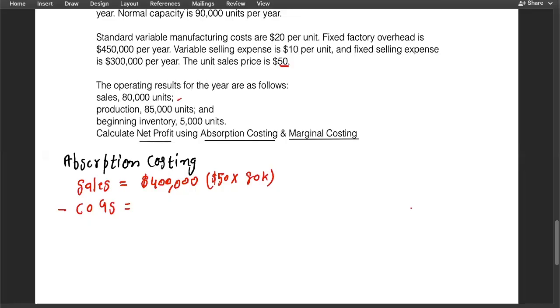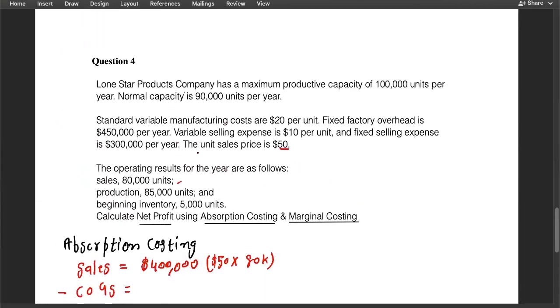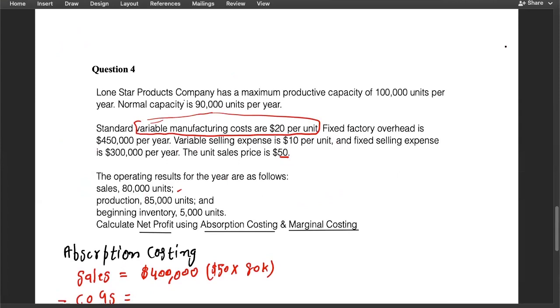So how did you calculate cost of goods sold? Yes. You can see manufacturing cost. In your question, you have information about variable manufacturing cost, which is very clear, which is 20. And you have a fixed manufacturing cost, which is 450 for 1 year. And you can see your normal capacity is 90.